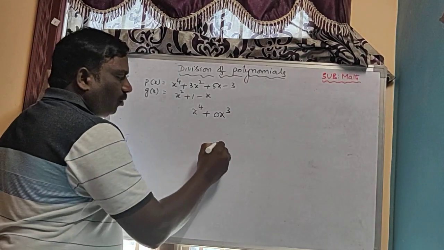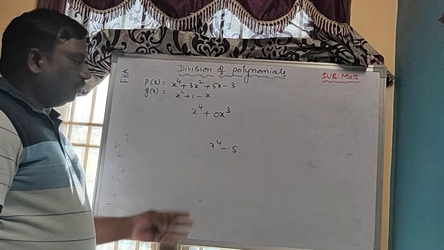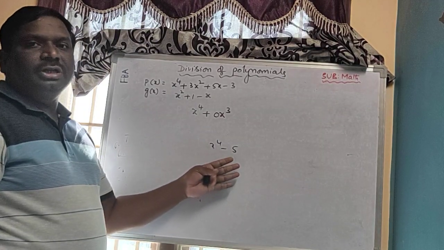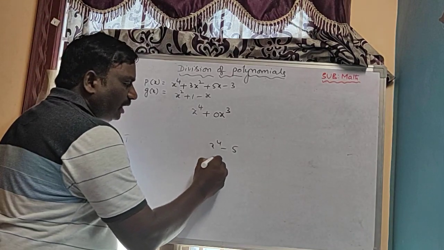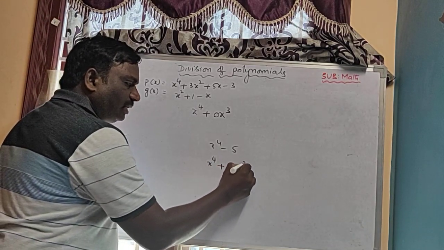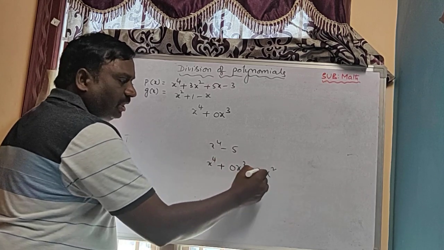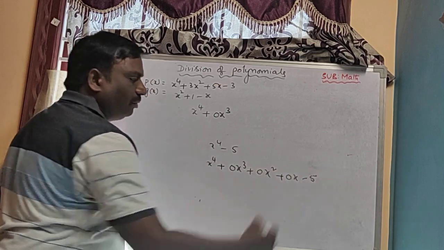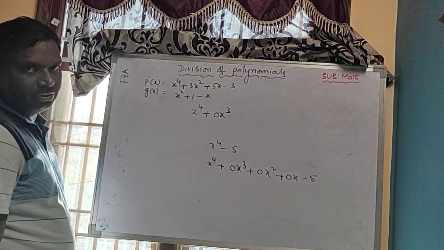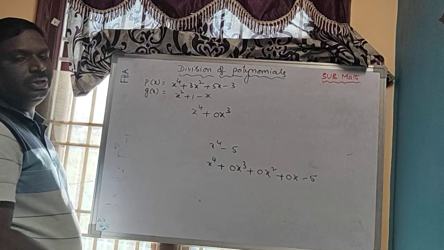Suppose x power 4 minus 5 is given and 3 terms are missing. In that case, write x power 4 plus 0x cube plus 0x square plus 0x minus 5, with degrees in descending order. When you are doing the division, if you write in this order, there is no confusion.